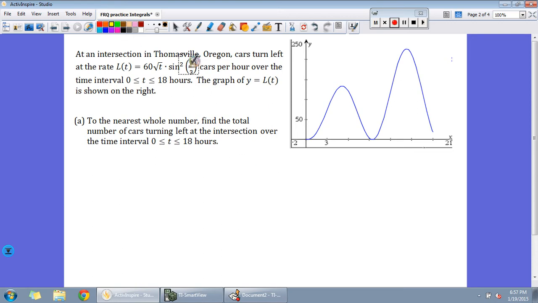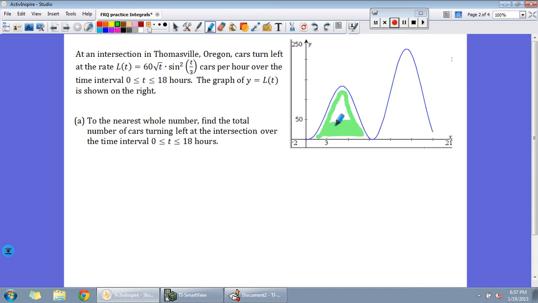So, since we were given L of t, which is a rate at which cars turn left, in order to figure out the amount, the total number of cars turning left, we are going to look at the area underneath the curve of L of t.